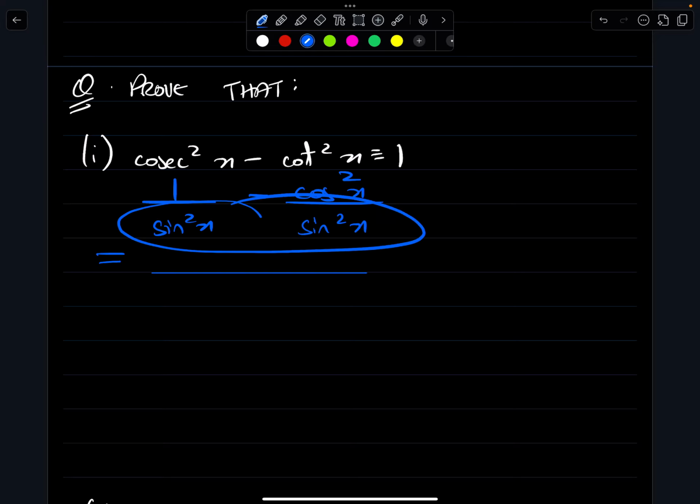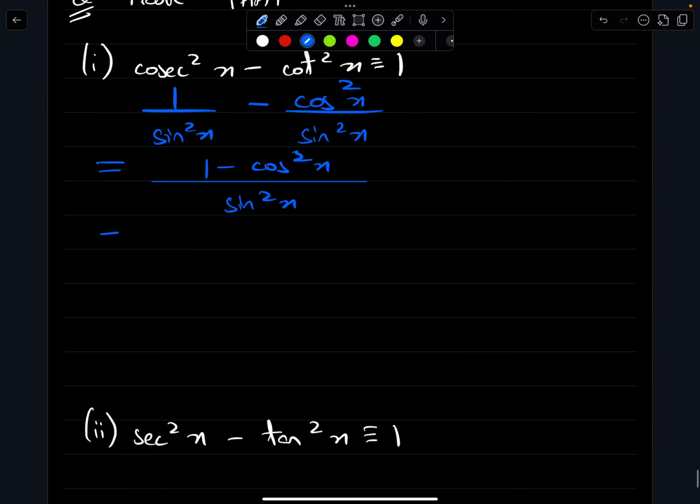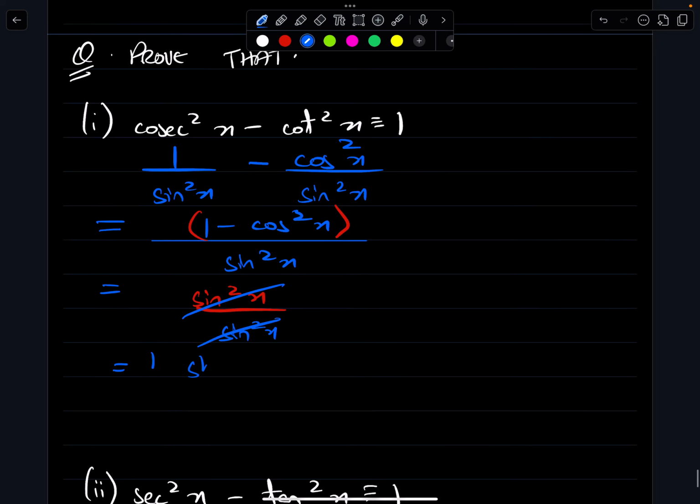Since both of these have the same denominator, I have 1 minus cos square x in the numerator, and this is how it looks when written as a single fraction. Then this thing can be written as sine square x over sine square x. Both of these cancel out and I'm left with 1. And so on.